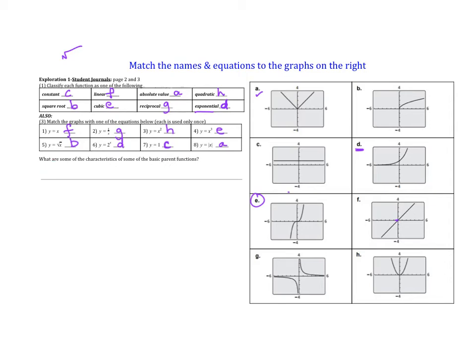Most go through the origin. Most are symmetric either at the origin or even the y-axis. So just some general things, and maybe you notice some other things as well.